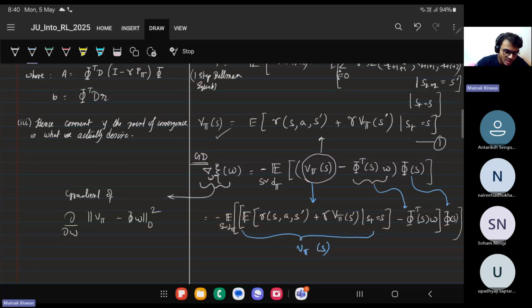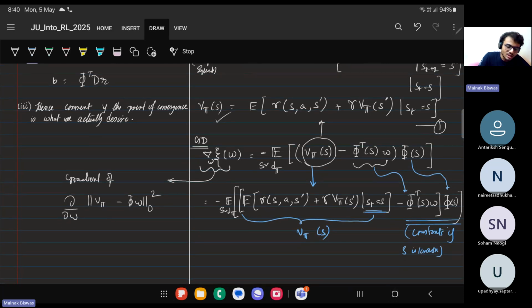Okay. So these are constants. If s is known, which is already known, we can see in this internal equation we already know st. So we can just take this inside this expectation and write everything together.